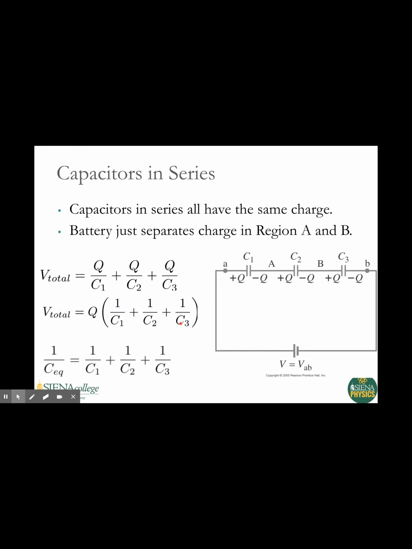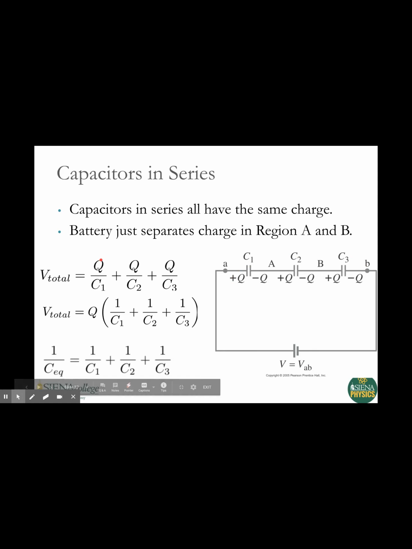For capacitors in series, we draw them like this. Again, each of these capacitors has a charge Q. And for capacitors in series, we have a voltage drop across each of the capacitors. So it's kind of like we add up the voltages for each of these to come up with the total voltage. So my voltages add.